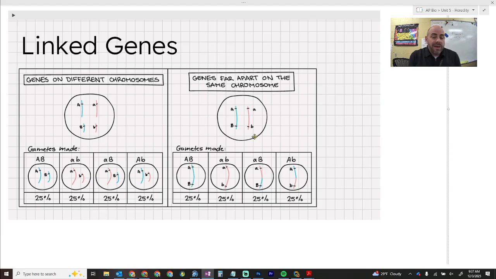And so that is one of the concepts here that you need to be familiar with, the idea of recombination frequency. Recombination frequency is the frequency at which those genes will cross over. And that frequency typically has to do with the distance that those genes are apart from one another, right? That distance is usually looked at as a percentage, and then that percentage is transferred to something called a map unit.